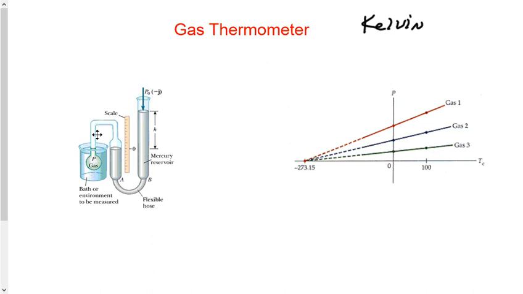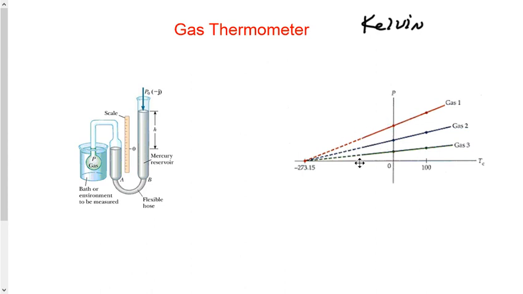So if we take a measurement of pressure versus temperature, regardless of what gas we pick, we can do a variety of temperatures and a variety of pressures and make measurements using this device. What we notice is there's a linear curve. As temperature decreases, so does the pressure.